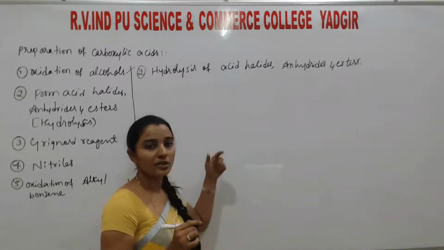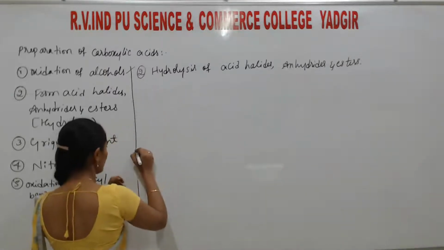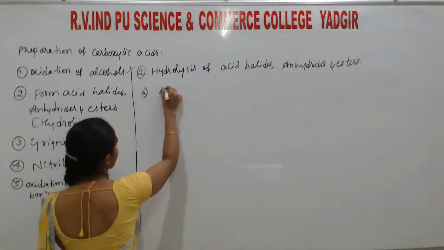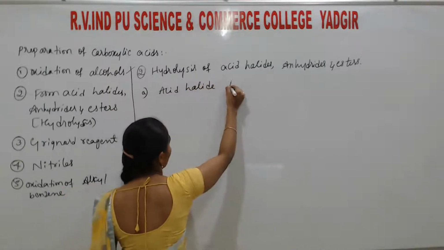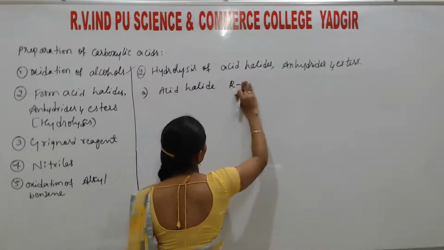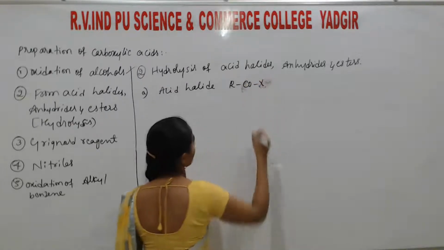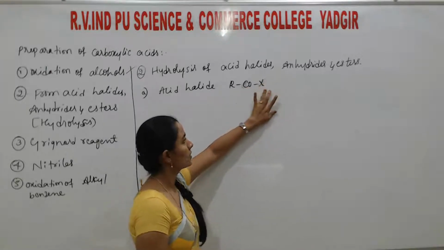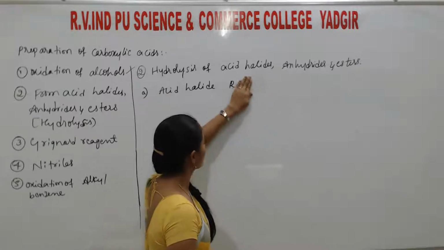Hydrolysis means addition of water molecule. So remember here. I will do the acid halide first. The formula of acid halide is RCOX. Let me write it clearly.